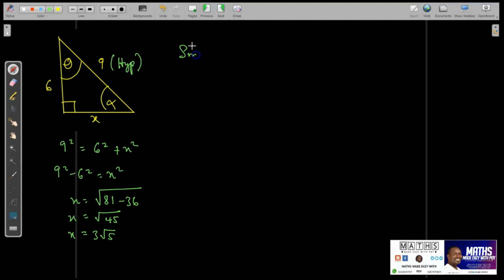So sine of alpha will be equal to 6 on 9. Therefore, alpha will be equal to sine inverse of 6 on 9. Please work it out for me. What's the alpha value? 41.8. So when you round it up, you get 42.